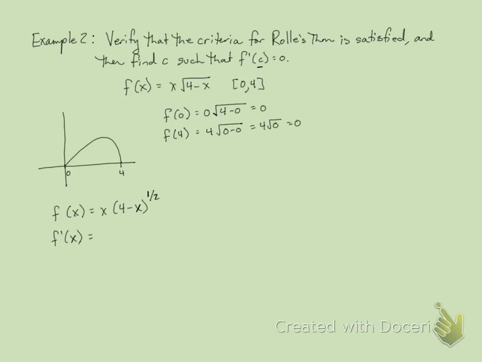So applying the product rule, I have the first times the derivative of the second. So I'm going to drop that 1/2 down in front, decrease it by 1, and then don't forget to apply the chain rule on this inside piece here, and the derivative of 4 minus x is going to be -1.